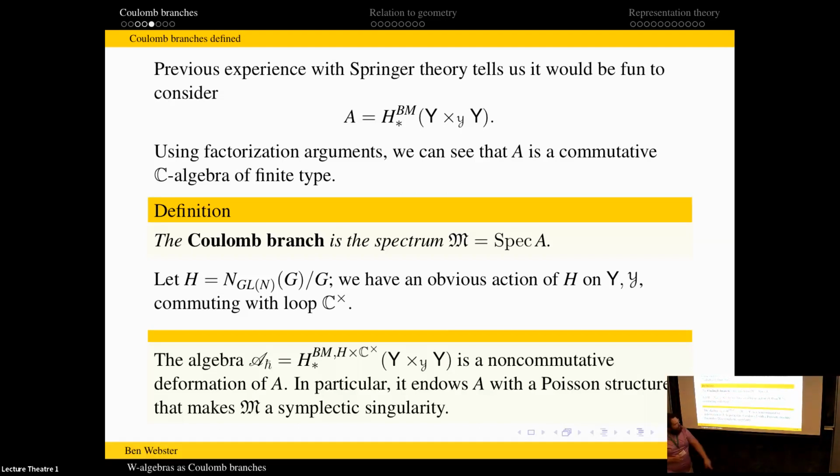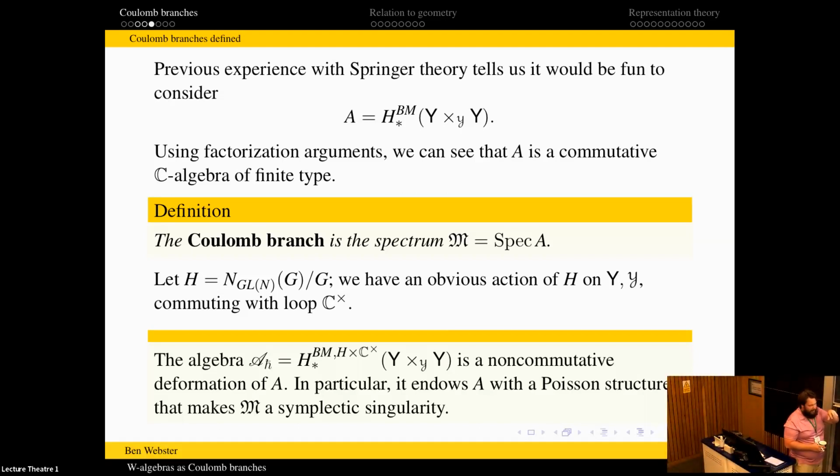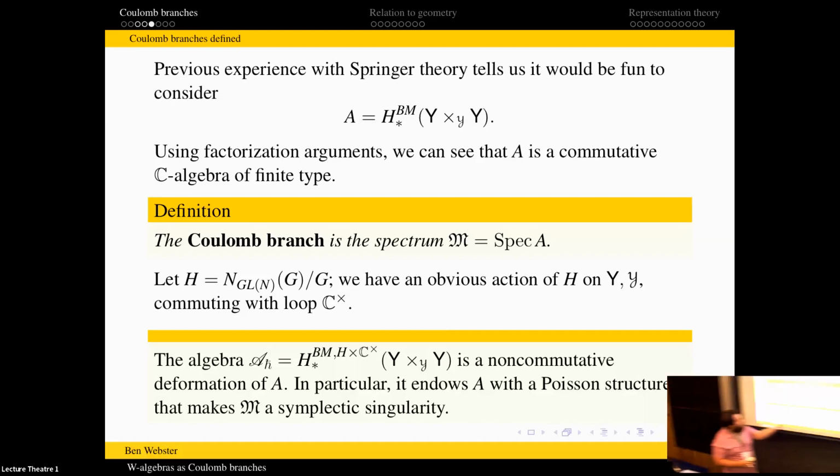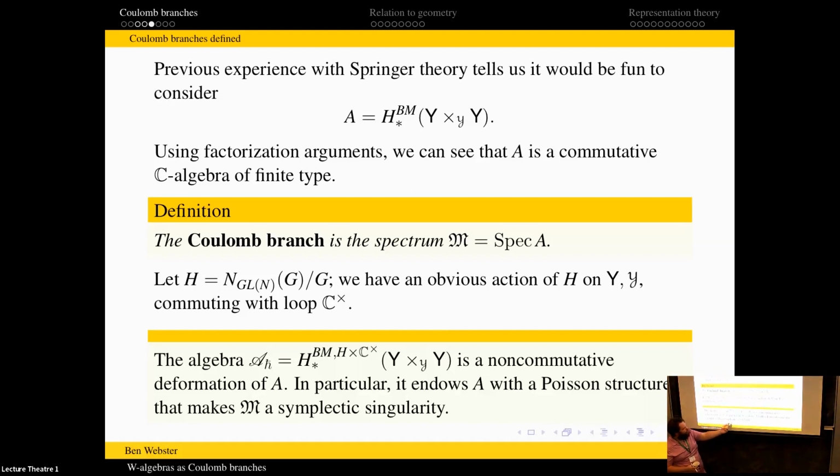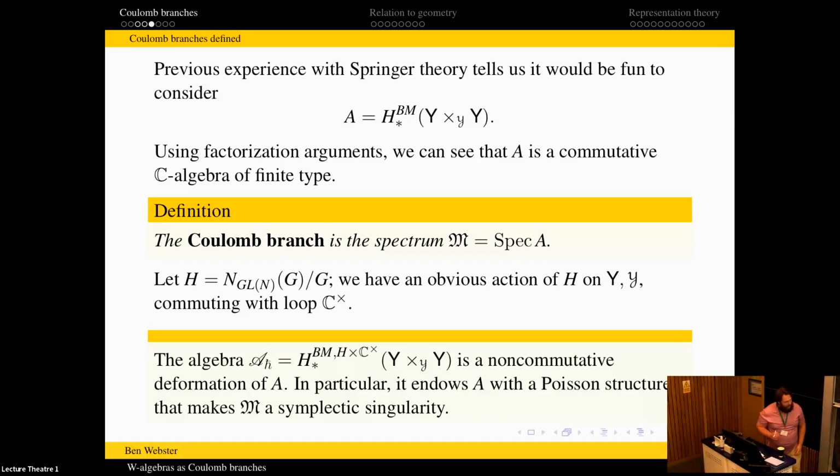And then there's one extra thing, which is I can rotate my ravioli. So there's an extra loop C star action, or you could say S1, it's the same topologically, acting on this space. So I could also take homology, not just normal homology, but homology equivariantly for this group. And then I would get a kind of deformed algebra, right?